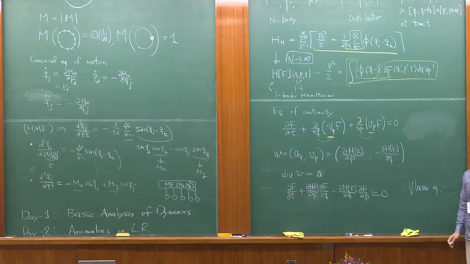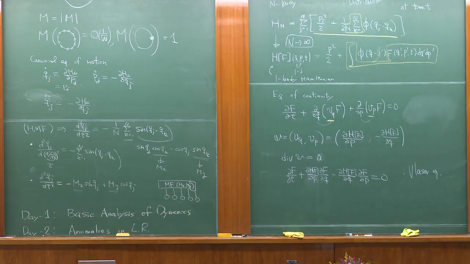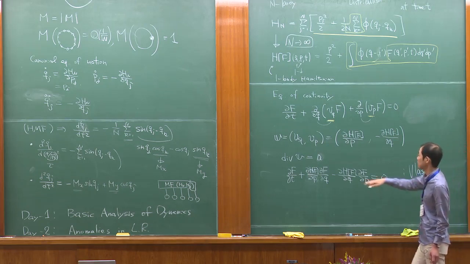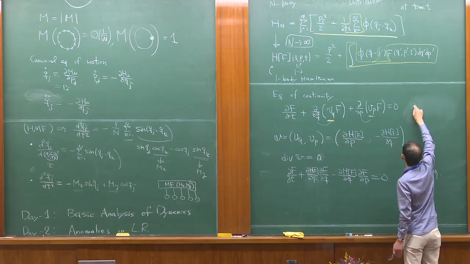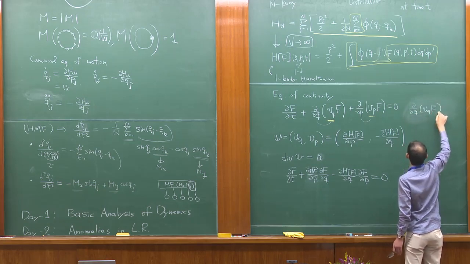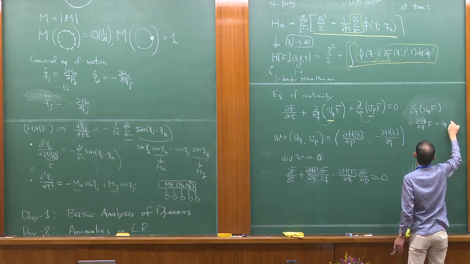Why did you need to put divergence of V to 0? Okay, so if we compute this part, for instance, we get, in general, this one plus this one.